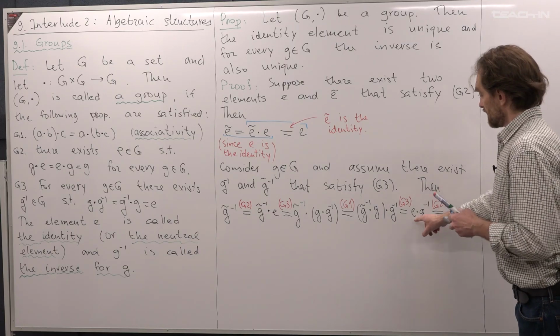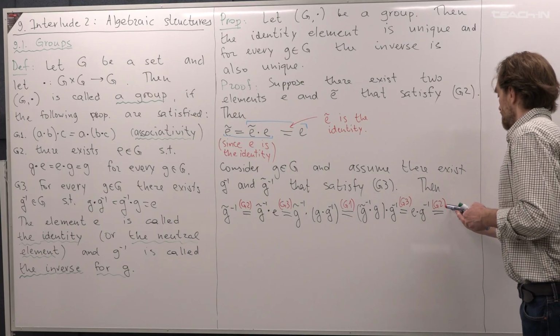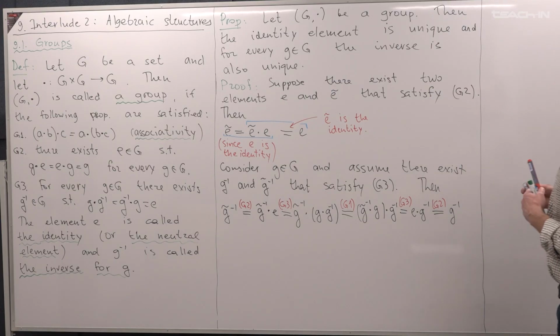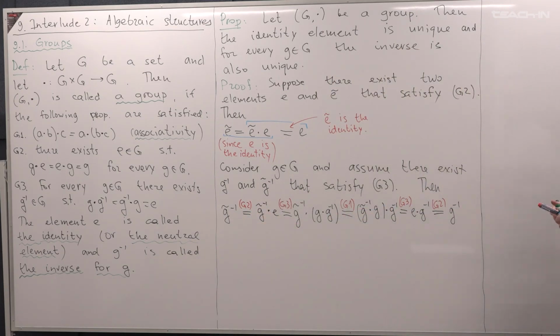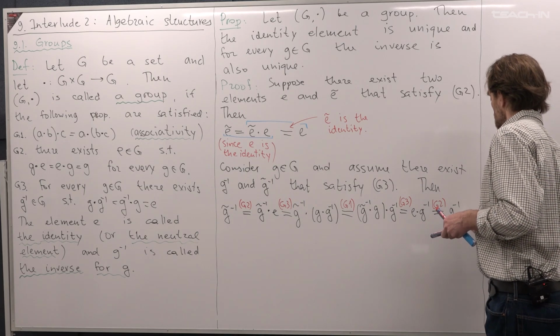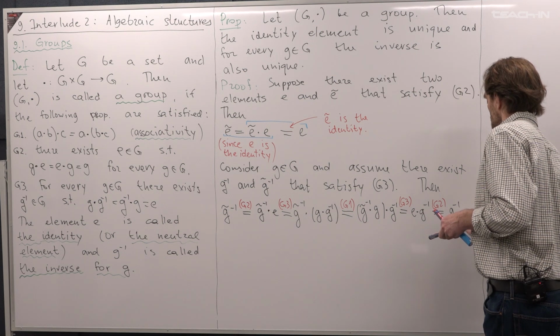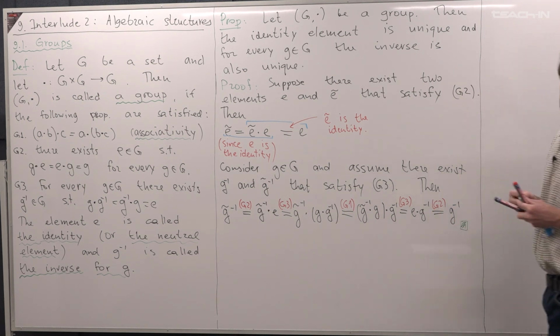So here we multiply by the identity. That's why we get G to the minus 1. And so this chain of relations shows us that G tilde to the minus 1 equals G to the minus 1. So this proves that the inverse element is unique for every element from a group.